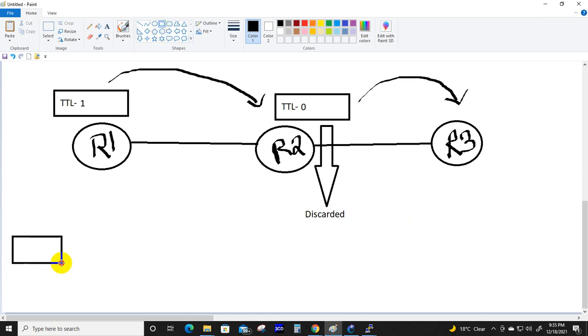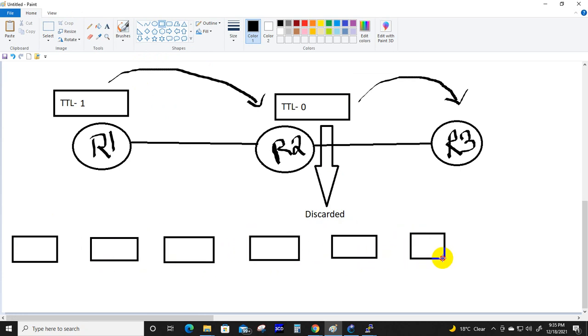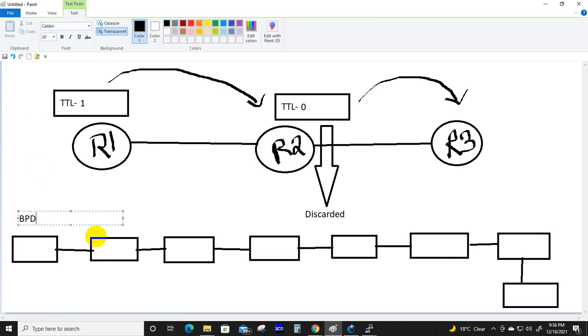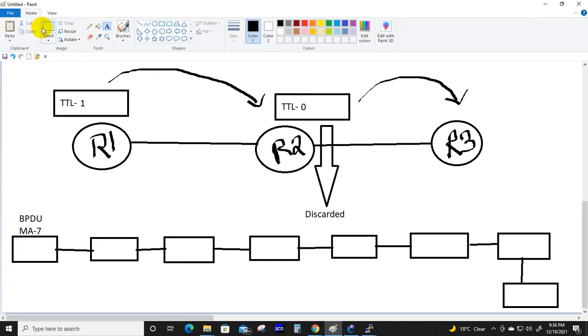If in a layer 2 network a BPDU is generated by this switch, and the message age is 7, this BPDU will be forwarded to this switch.